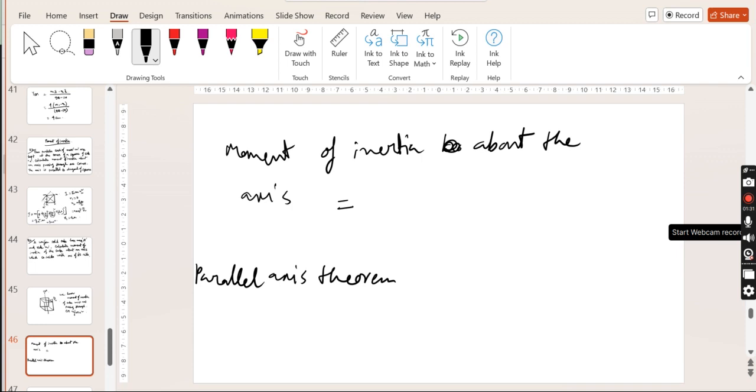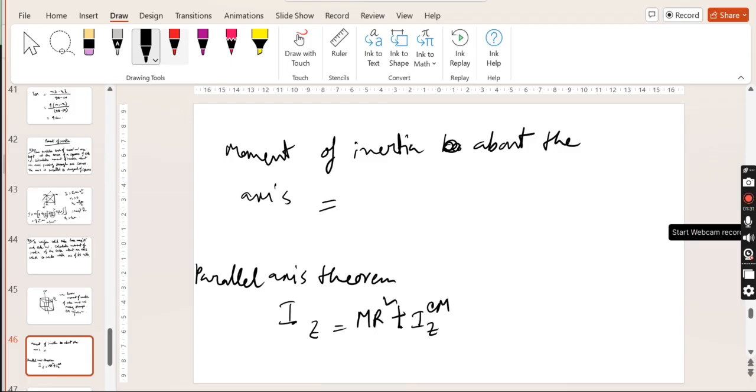That is I is equal to m r square plus I z cm.